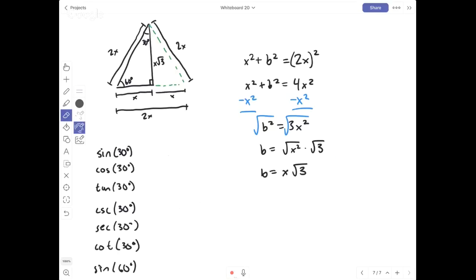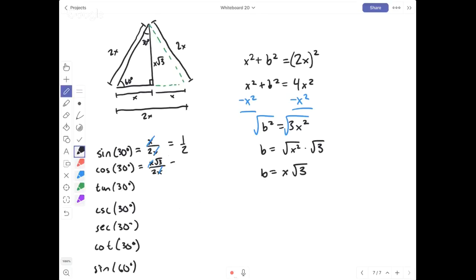Okay, so the sine of 30 degrees is the opposite over the hypotenuse. So from 30, I'm looking at x over 2x. Cancel the x's. I get 1/2. For the cosine of 30 degrees, I get adjacent over hypotenuse, x root 3 over 2x. Cancel the x's.